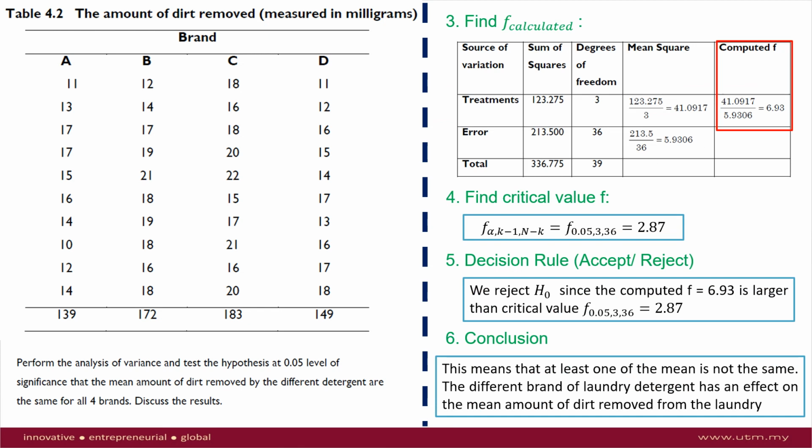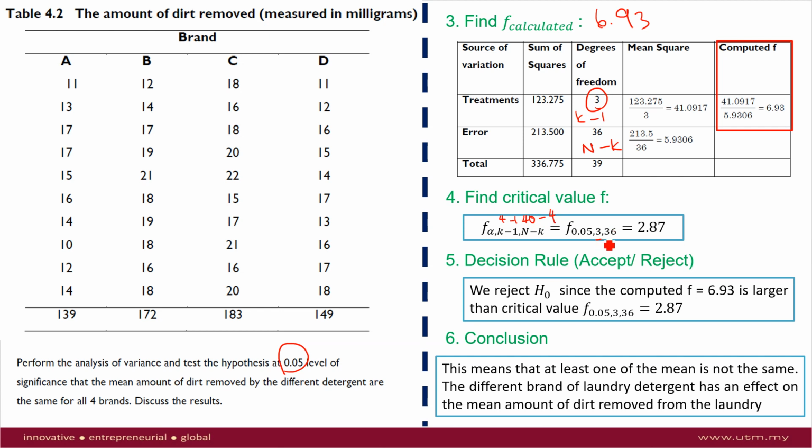Okay, so after you already found the value of your F, which is 6.93, find the value of your critical value. So now for the critical value, your alpha is 0.05. Your K minus 1 is 4 minus 1, which is also from the ANOVA table, 3. Remember, this is K minus 1, and this is N minus K. Or if you don't remember this one, you could also write 40 minus 4.